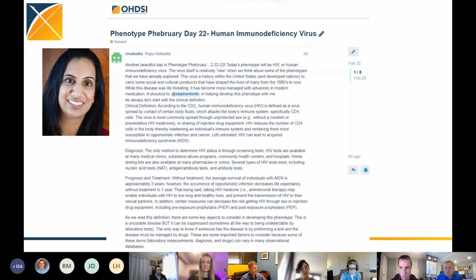Starting with Rupa. Sure. So this was a phenotype I had worked on a while ago, and then came back to it. Even through this celebration of Phenotype February, I learned so much more. One of my big takeaways is really thinking about how Phevaluator can help. I'll give a high-level overview here. For HIV, there's a lot we can learn about using the diagnosis code, a laboratory measurement, and drugs. We created a few cohorts to explore all of these things.